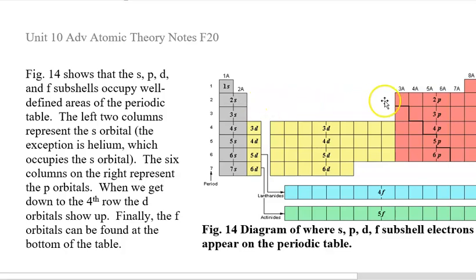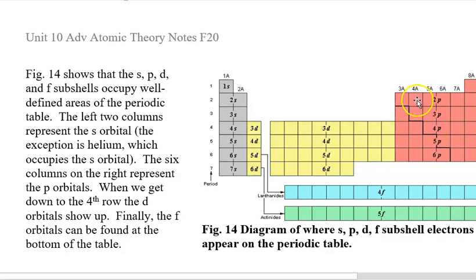Now we come over to the other side, and we get to boron. Boron is right here. It has 2 electrons in its first orbital, 1s. It has 2 electrons in its 2s, and now it has 1 in its 2p orbital.